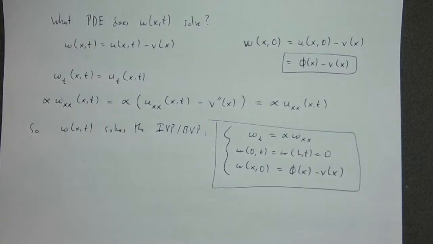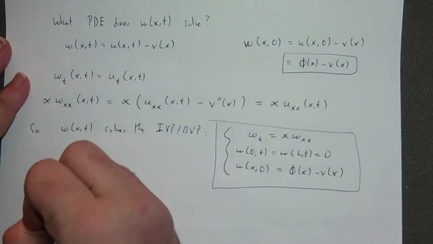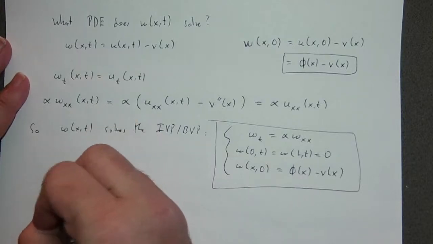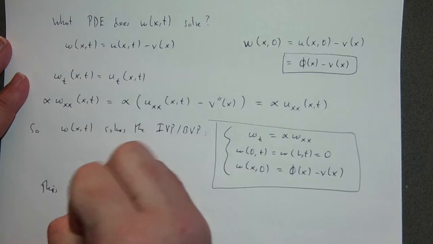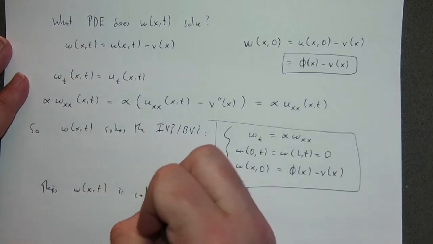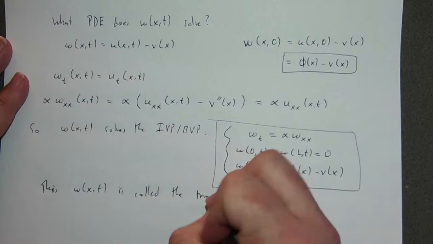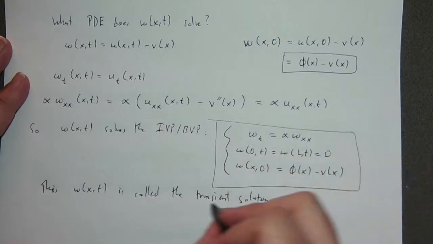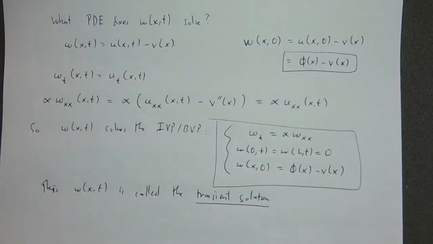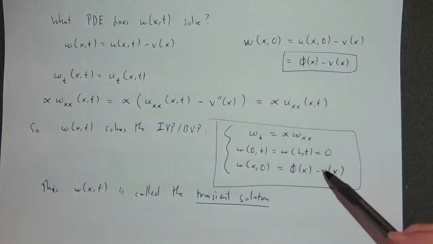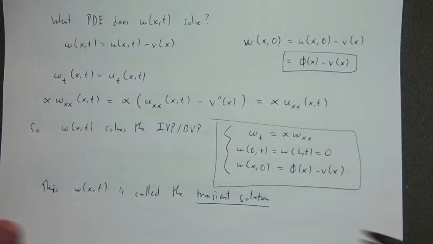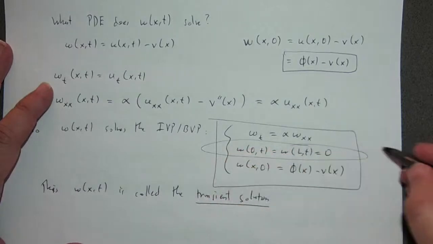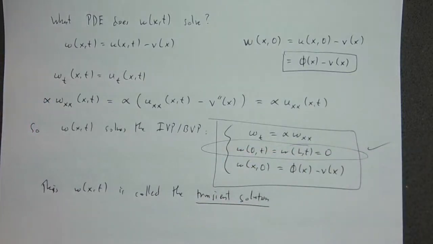All right? So this W is called the transient solution. What's nice about this transient solution is that it has homogeneous boundary conditions. We're very, very happy with that.